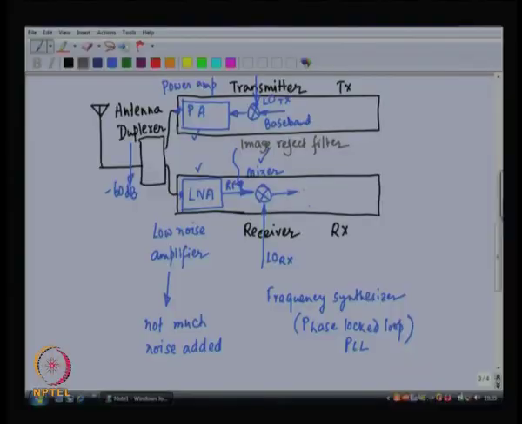And there could be a few more blocks after this, there need not be. After that there is going to be a baseband filter, and there is going to be an A to D converter. After that it is going to go to your baseband processor. After that it is going to go to the speaker.